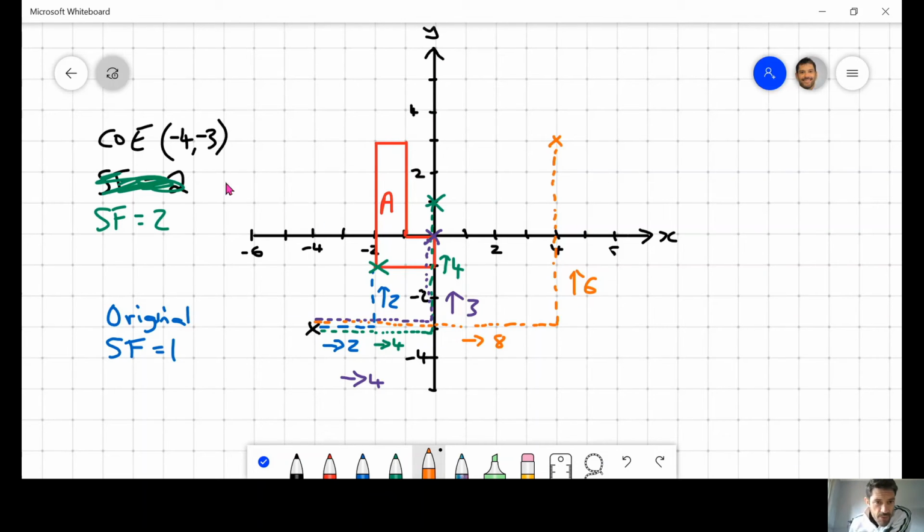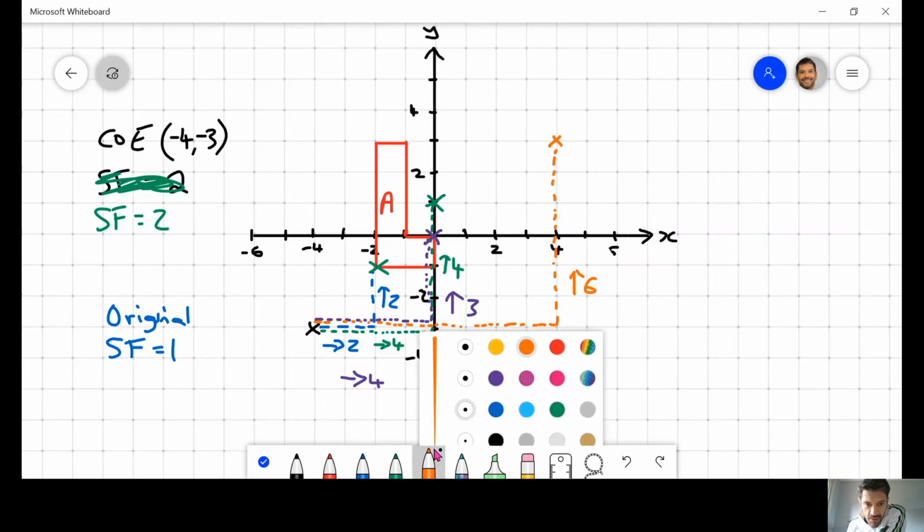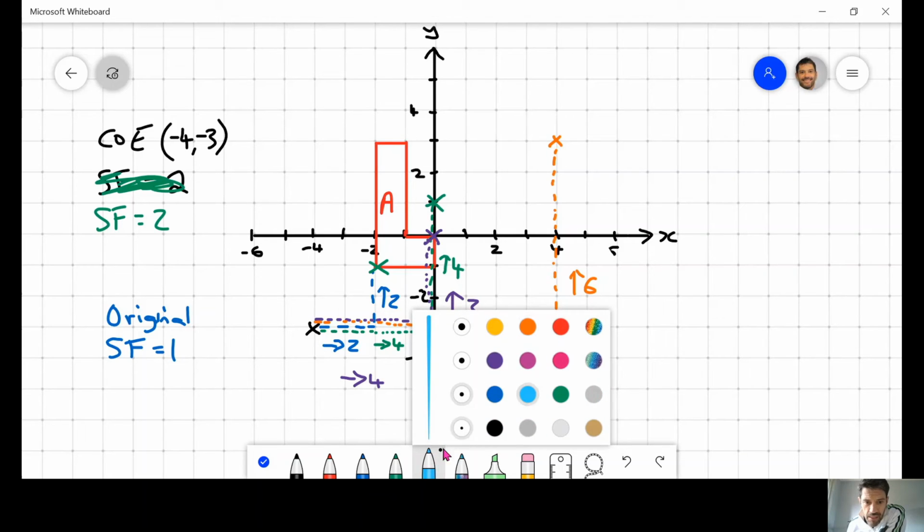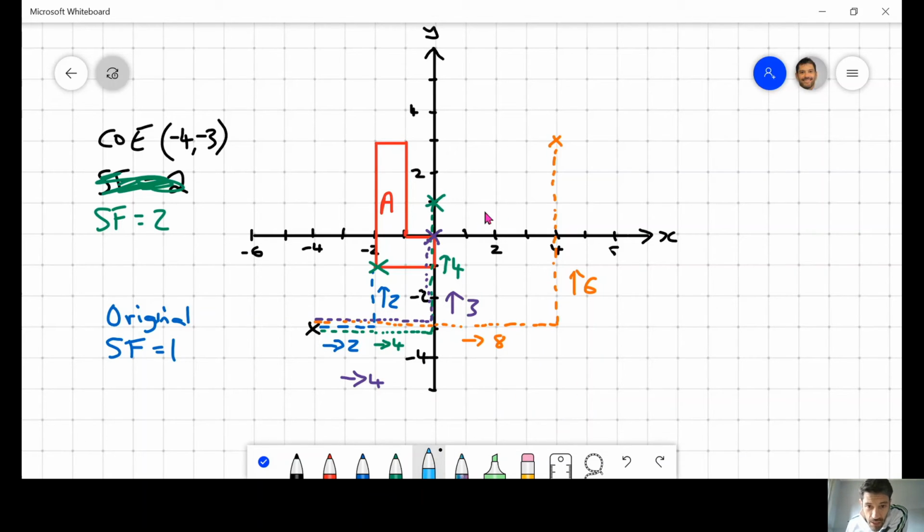So we can colour this in now. Let's do one final colour, a nice electric blue. So as I showed you before, what we can do is say, right, this corner has gone to here. It has been transformed from here to here. So I could just draw the rest of the shape in. It's double. So the bottom side is going to be 4.